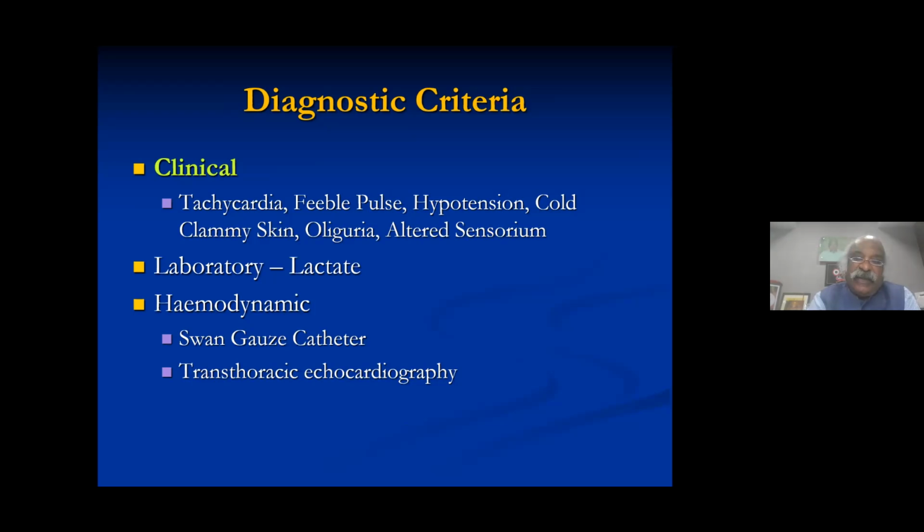The other criteria are the laboratory criteria. This is the sequence of events secondary to hypoperfusion, with cellular damage affecting energy and oxygen requirement. There is a derangement in the cells and anaerobic metabolism occurs, resulting in lactate and base deficit. So lactate and base deficit are the laboratory criteria of shock, which not only aid diagnosis but are a measure to assess tissue perfusion.